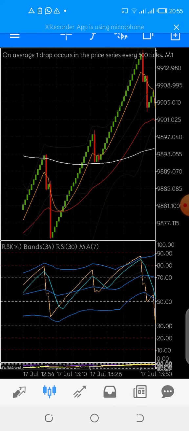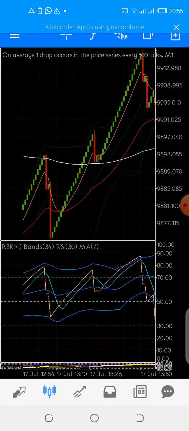Anytime the RSI 14 is below this 50 line, then the market is on the seller's level. Anytime the RSI is above level 50, like here, it means it has moved from the seller's level to the buyer's level. Okay, but that does not necessarily apply.